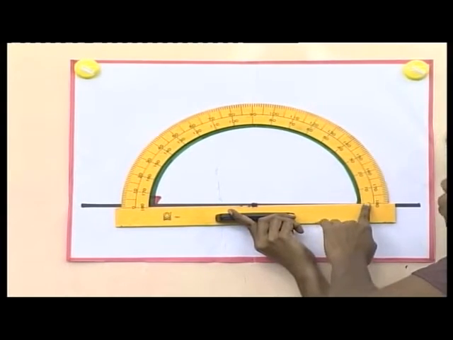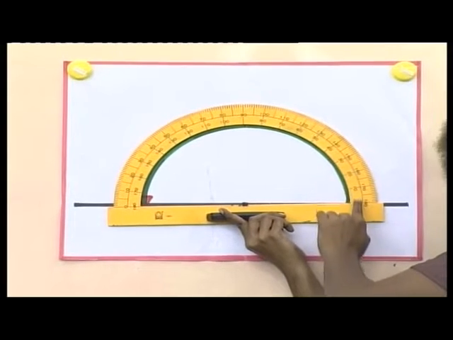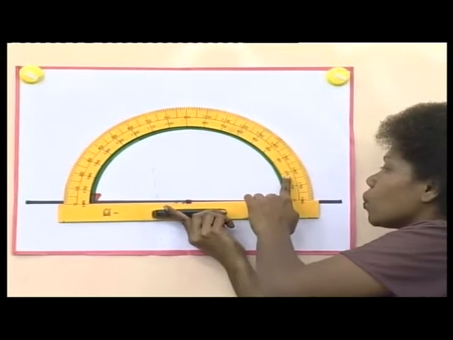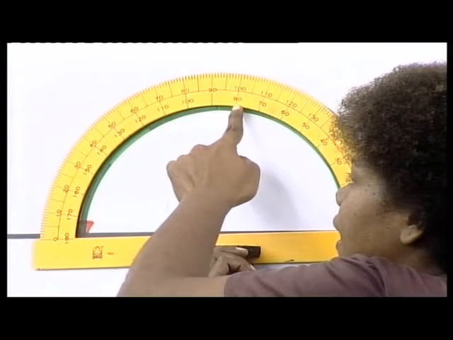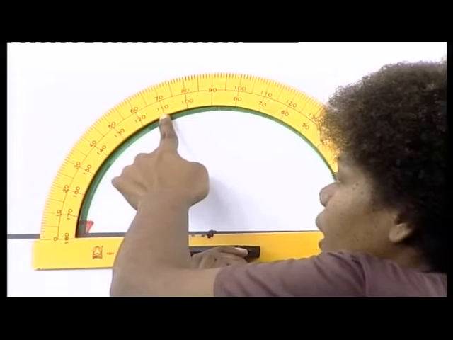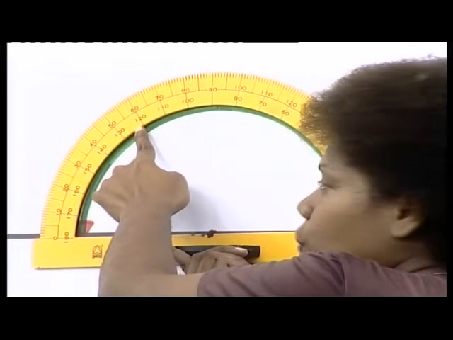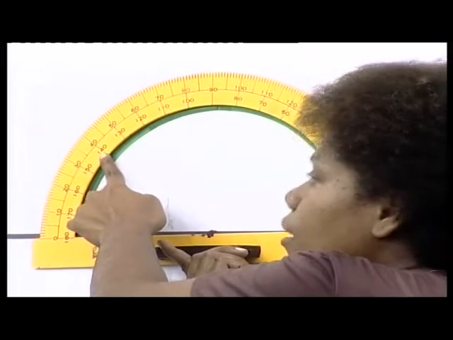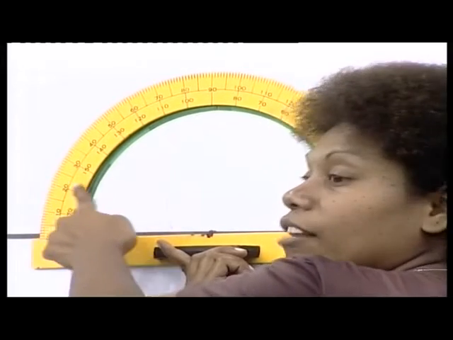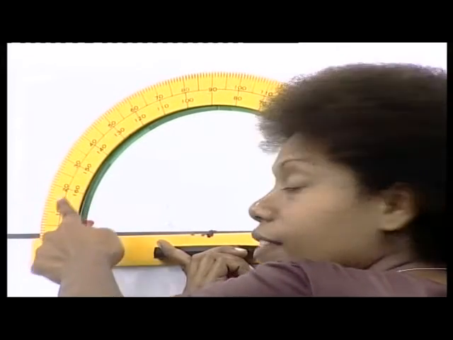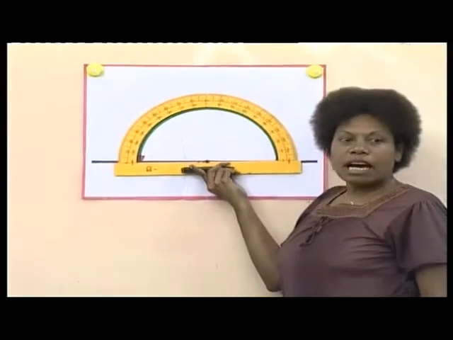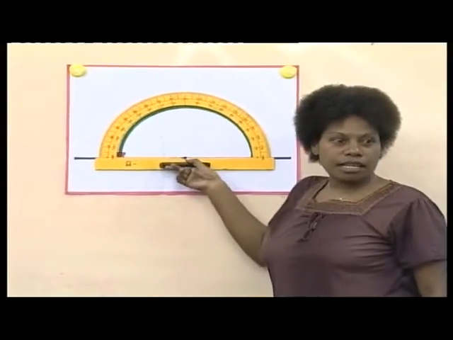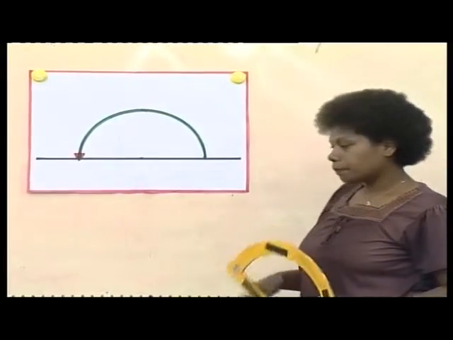So 0, 10, let's all count. 0, 10, 20, 30, 40, 50, 60, 70, 80, 90, 100, 110, 120, 130, 140, 150, 160, 170, 180. So 180 degrees is a straight angle.